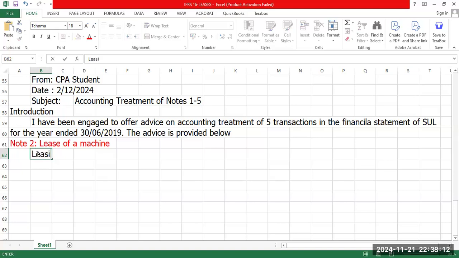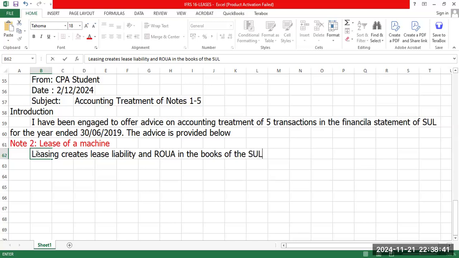Leasing creates lease liability and the right of use asset in the books of the lessee.